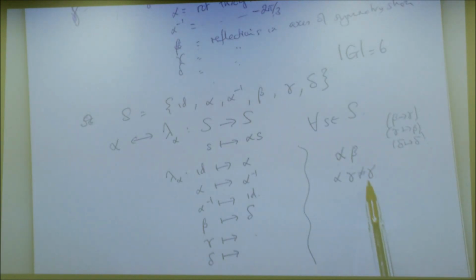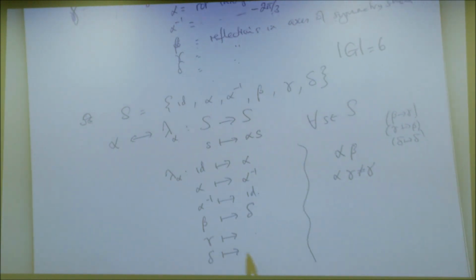If it were, then you could cancel the gammas and learn that alpha is the identity, which it isn't. So it can't be that alpha gamma is gamma, so the only possibility is that alpha gamma is beta. And then the only thing that remains here, given that we're dealing with a permutation, is gamma.